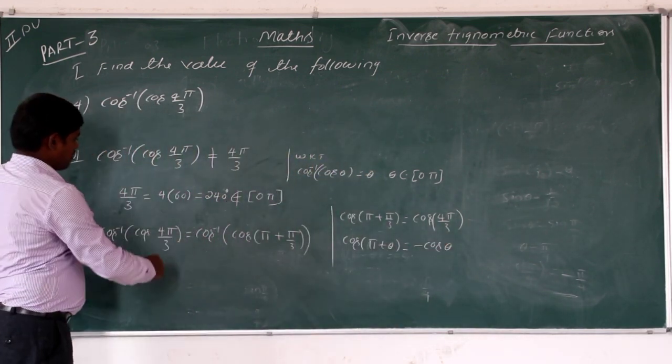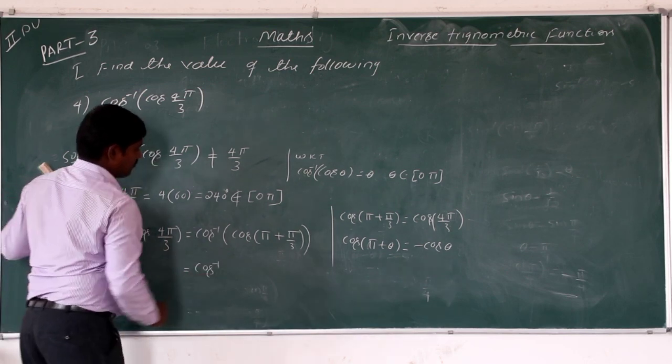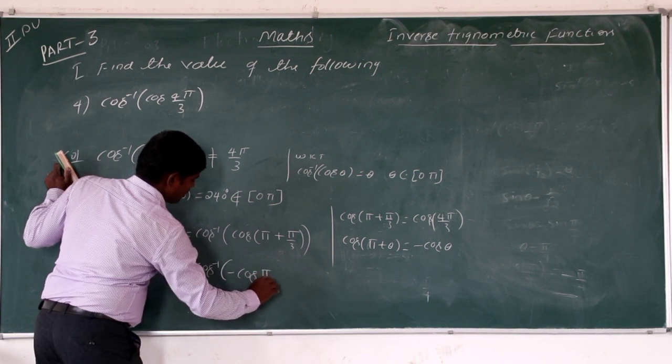Therefore this can be written as cos inverse of minus cos pi by 3.